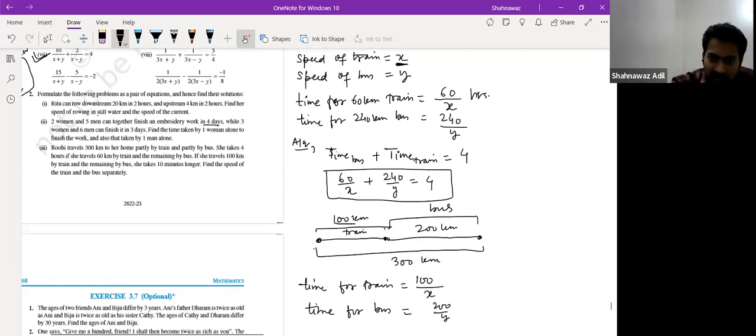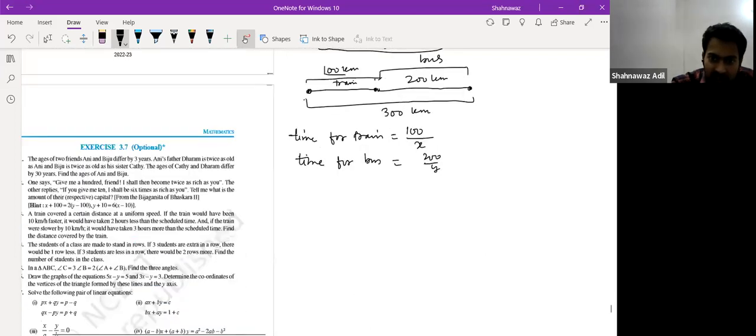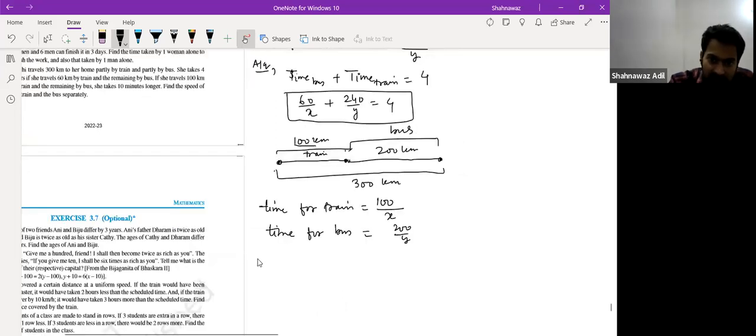Now in the second part of the equation, what they have given is that time of train plus time of bus is 2 hour 10 minutes longer.